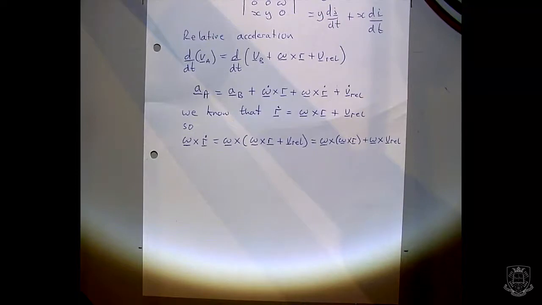When we're doing these kinds of products, we have to leave the brackets in, because strictly speaking we must do the thing inside the brackets first before we then do the additional cross product. That's why it's left like that.